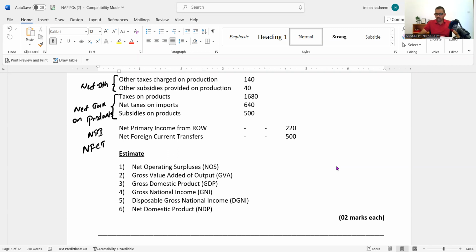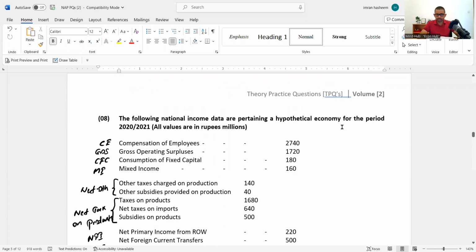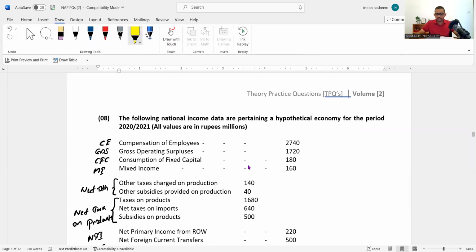If you want to find net operating surplus, one thing is you can take gross operating surplus minus CFC. But if you look at the values a bit, gross operating surplus is 1,000. Gross operating surplus is 1,720.